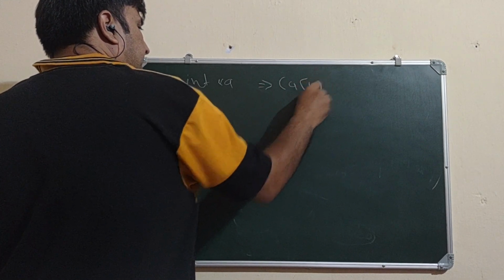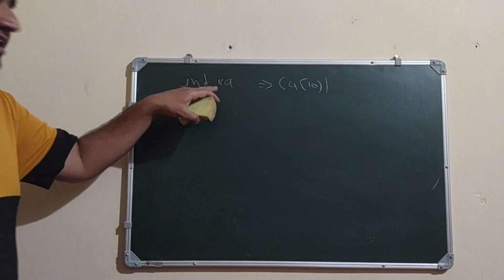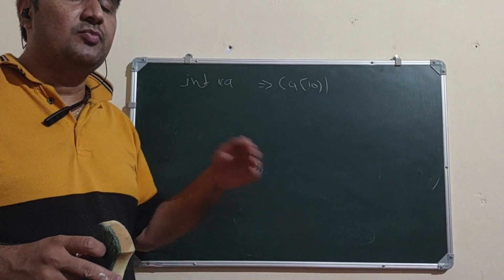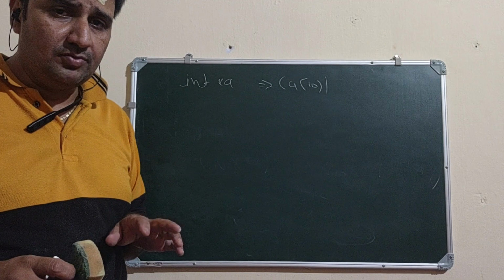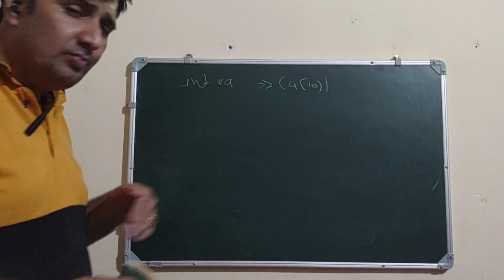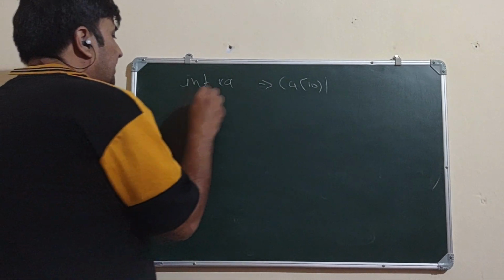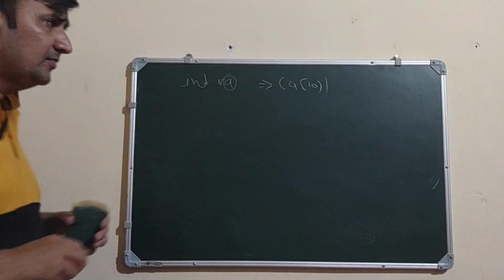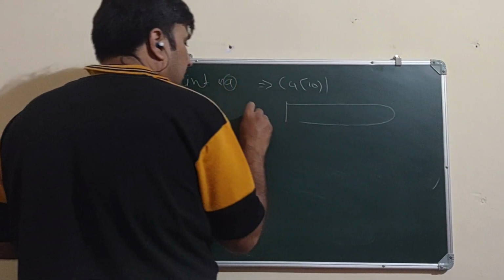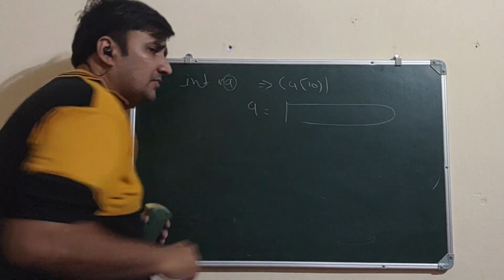But it is dynamically created. Whatever memory is created dynamically needs to be freed manually by the programmer. It is not automatically freed in C or C++. We have to manually free it. For that we are going to give a pointer A. So we created an array that is pointed to by A.